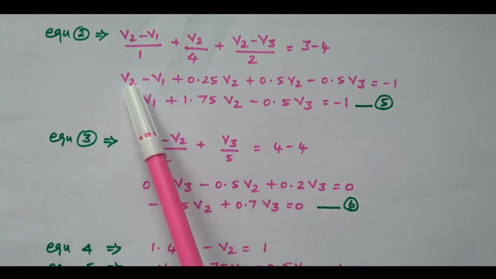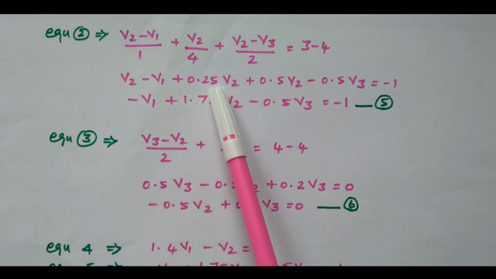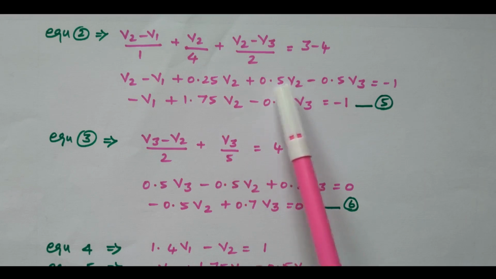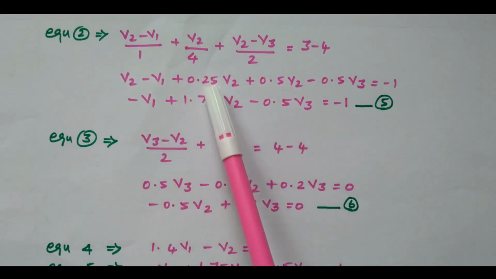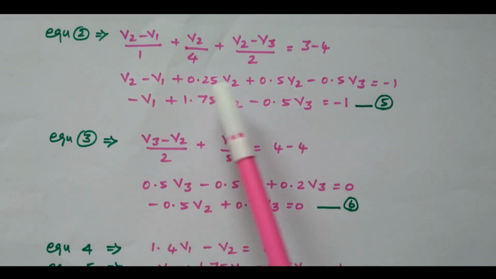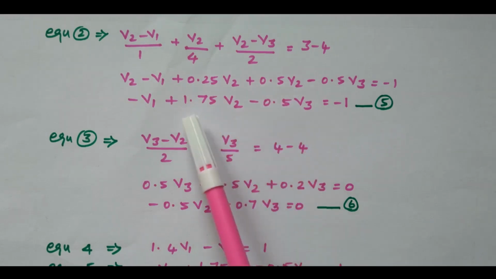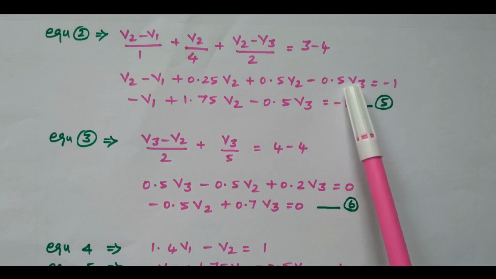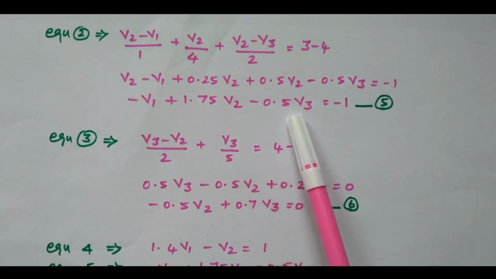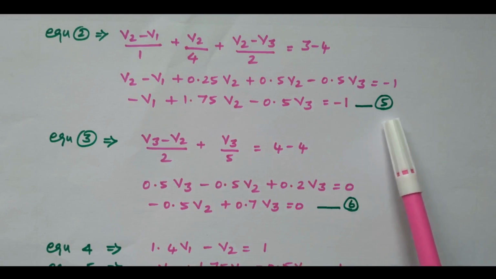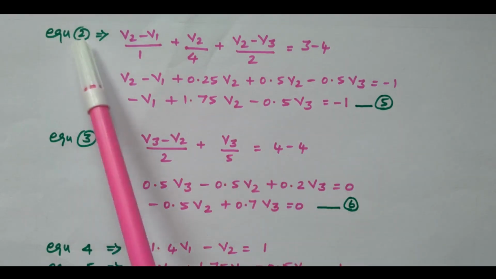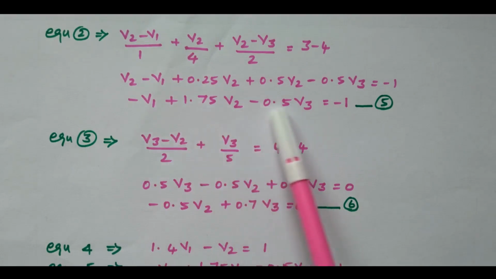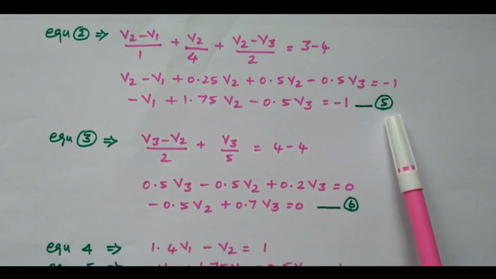V2 is available: V2, 0.25 V2, 0.5 V2. So 1 V2 plus 0.25 is 1.25, and 1.25 plus 0.5 is 1.75 V2. Then one V3 term is available, minus 0.5 V3, equal to minus 1. We'll take this as equation number 5. Now equation 2 is simplified and given the number 5.